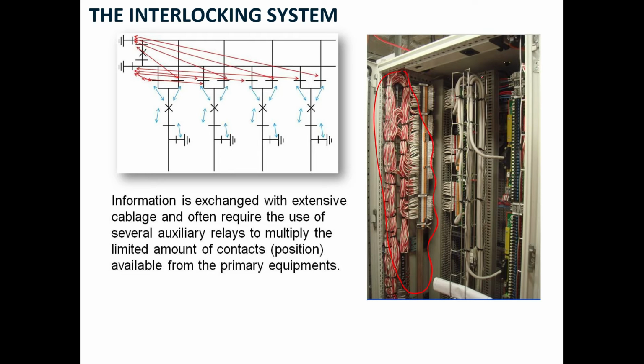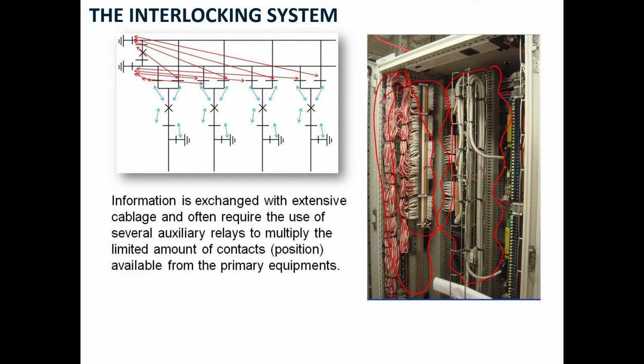The number of copper wires is huge, and this large number of copper wires creates problems during the operation and maintenance stages. Your operation and maintenance cost increases, and any failure analysis or diagnosis will take more and more time.